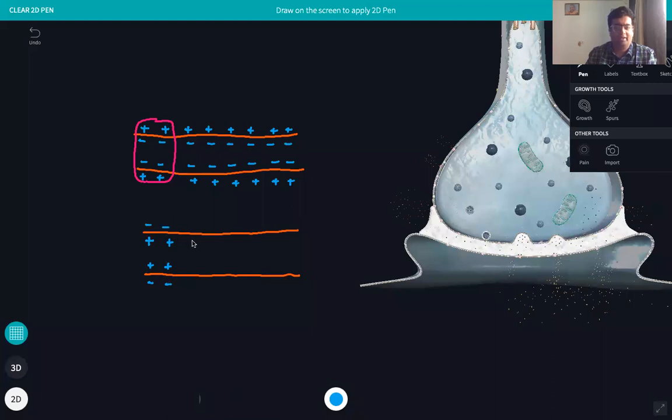But you can see here that due to the entry of sodium ions into the axon, the inside of the axon membrane has become positive, while the outer side has turned negative, while the remaining part of the axon membrane is still in the polarized state.